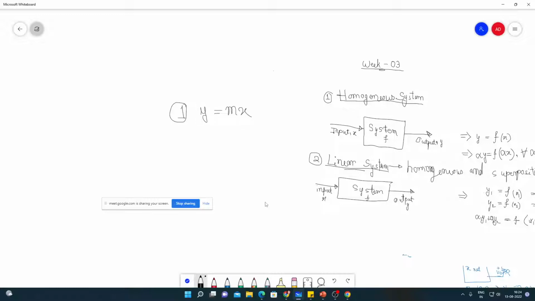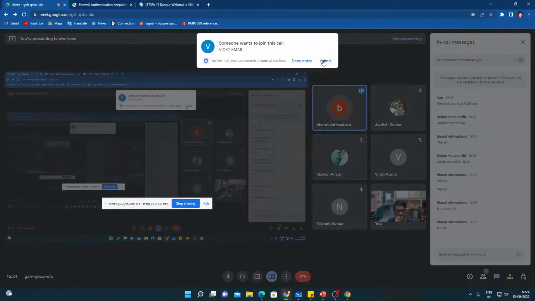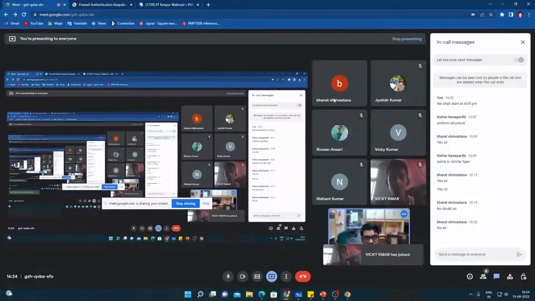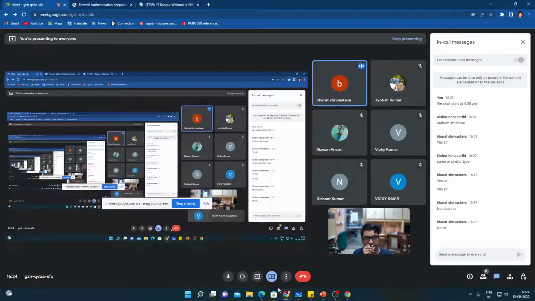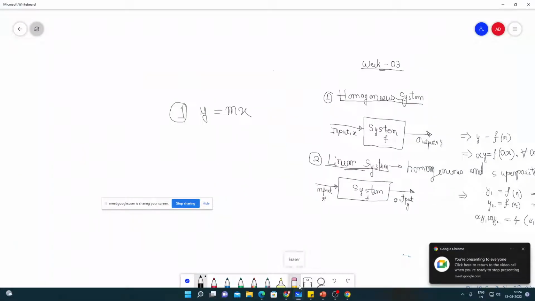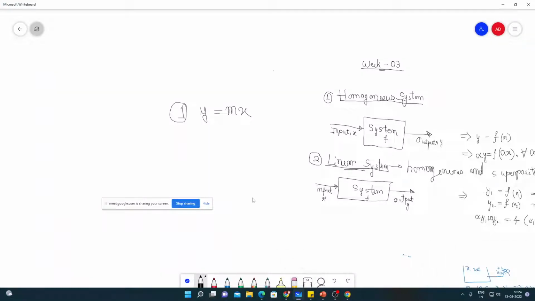Yes sir, that I understand, but I think it's not a homogeneous system. Why not? No issue, just say it. Because sir, if you supply input x and we are getting output y, and if you multiply a certain scalar quantity like m, the output should be my, but here y is equal to mx.